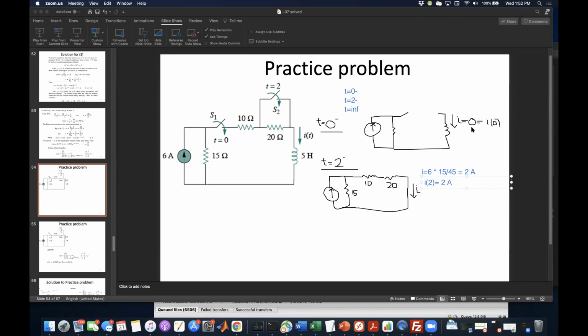Now we have the condition right before that second switch flips, and now we need to draw the circuit again at time equals infinity, when both switches have closed. So let's draw the circuit one last time.